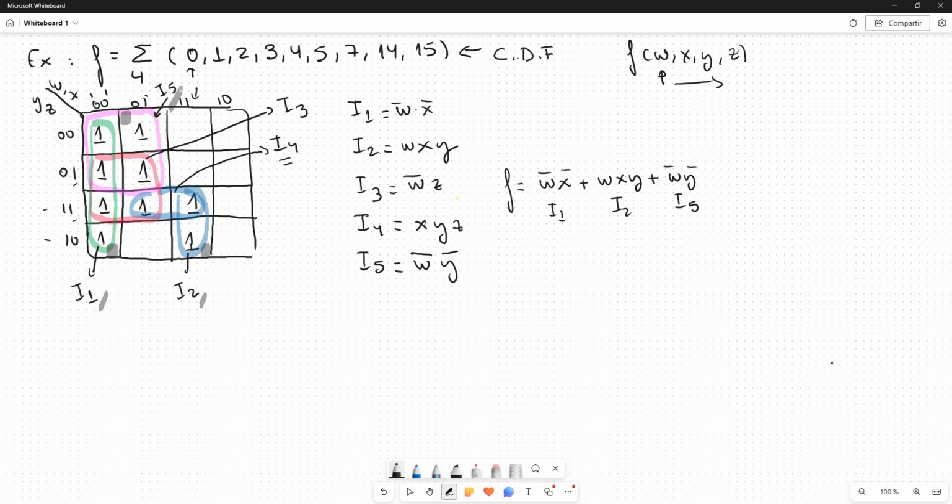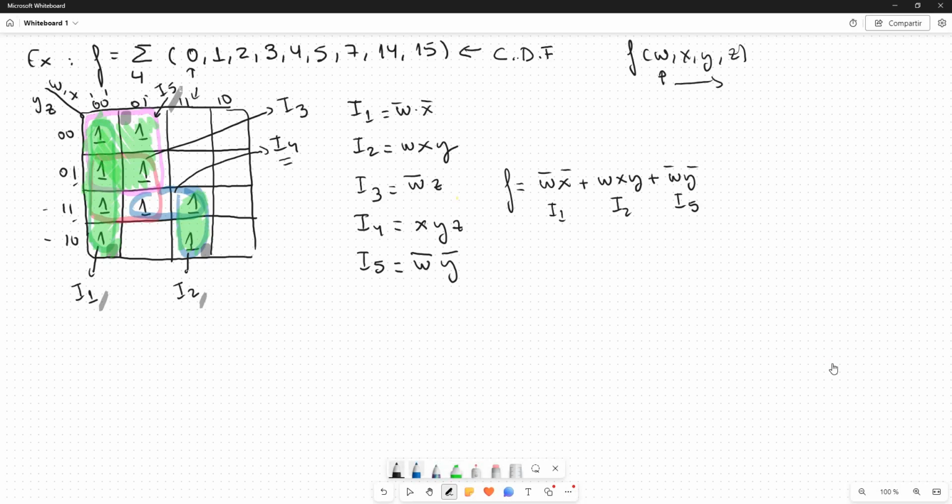And now we are going to check how many ones we have covered with this movement. With implicant 1, we have covered the whole column. With implicant 2, we have covered this half of the column. And with implicant 5, we cover this square in the upper part. So we still have a one that is not covered.